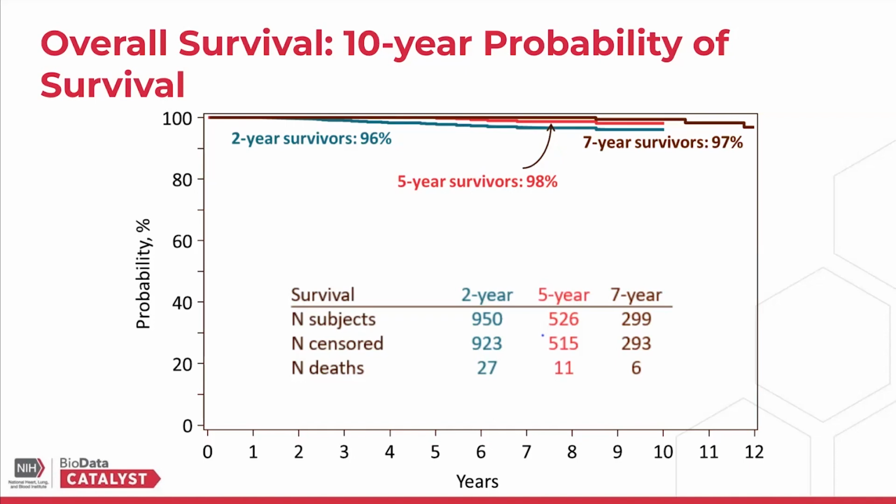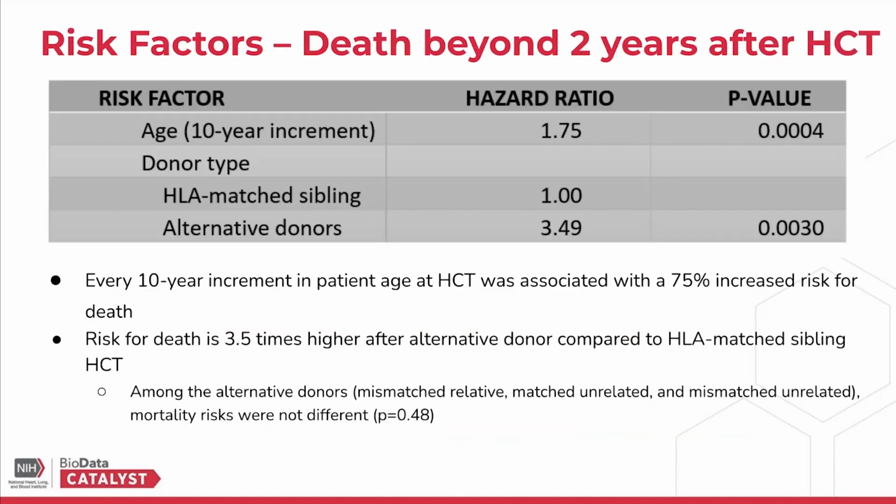For patients who had survived 5 years post-transplant, the additional 5-year survival probability was 98%. Similarly, for patients who had survived for 7 years after transplant, the additional 5-year survival probability was 97%. So really excellent survival probabilities for sickle cell disease patients who can survive past that initial risk period of 2 years. Next slide, please.